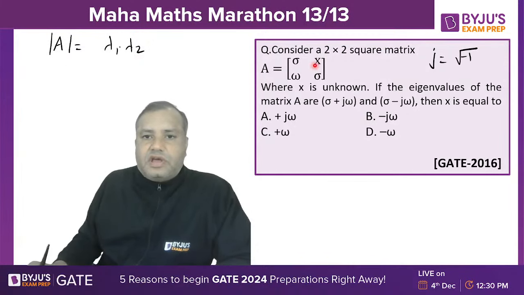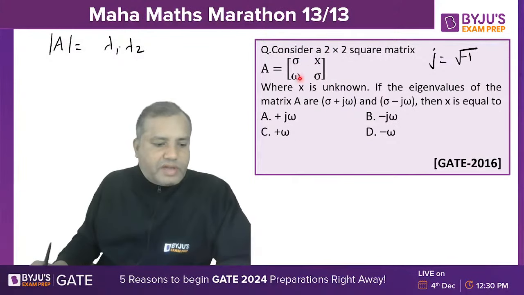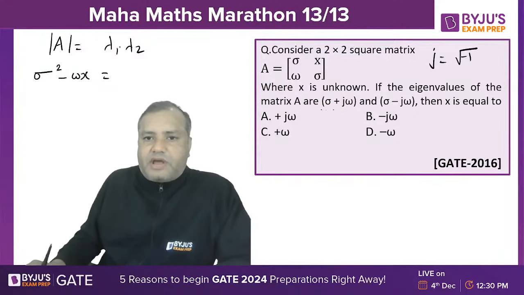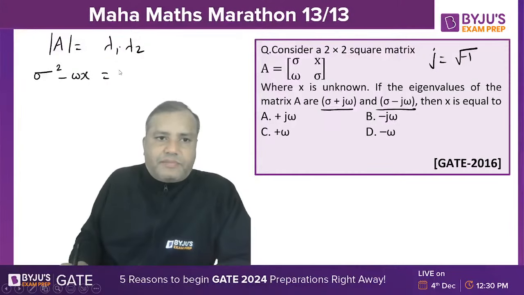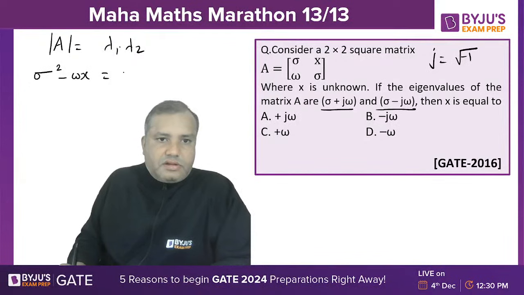Yes, sir. What is its determinant? अरे भाई इसका determinant क्या होगा? This is lambda 1 and this is lambda 2. Multiply them.